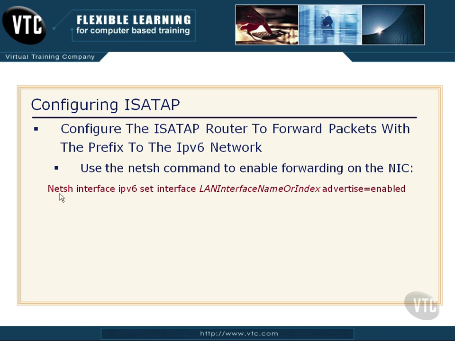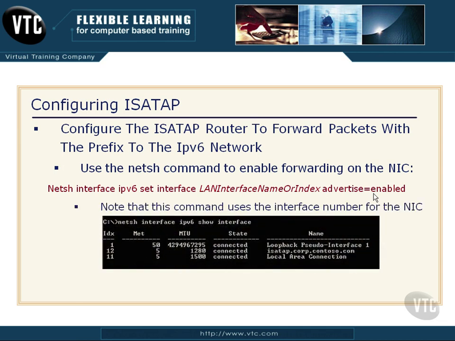So I will call netsh interface, and I will choose set interface, and this is the LAN interface name or index, and advertise is enabled. But notice this command uses the interface number for the NIC. The interface number for the ISATAP tunneling functionality was 12, but for the local area connection, or the network interface card, it's 11. So I will call netsh interface IPv6 set interface 11, forwarding is enabled.